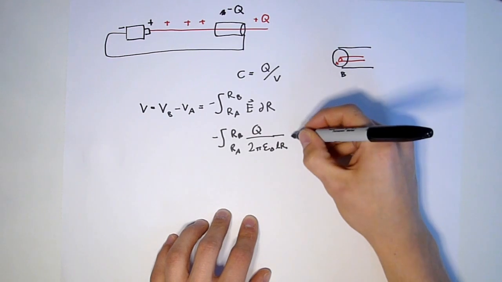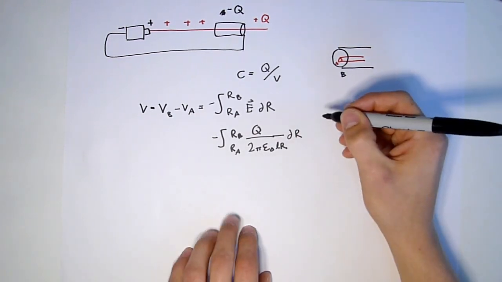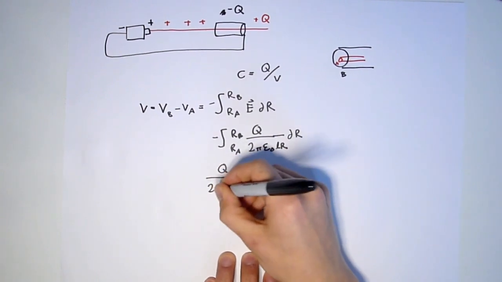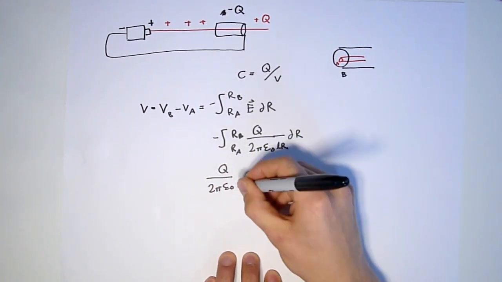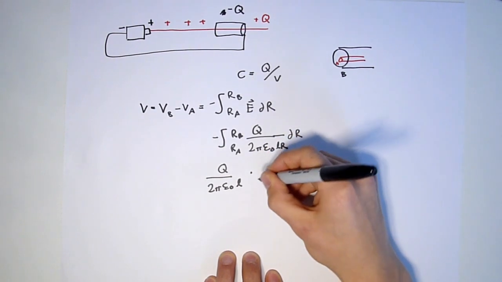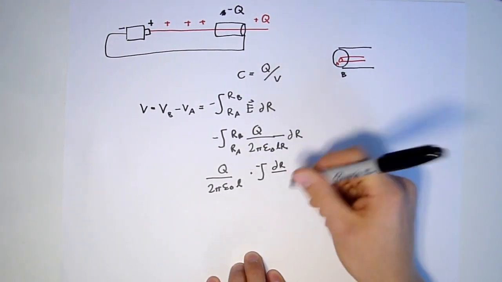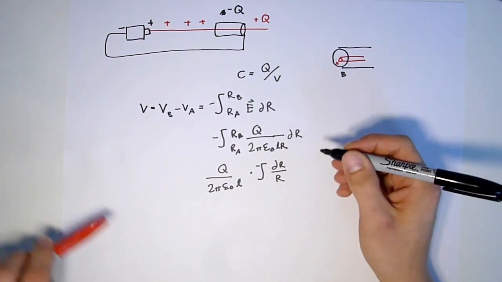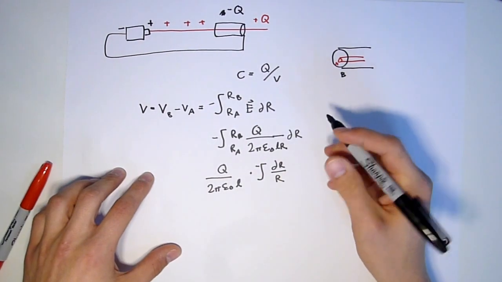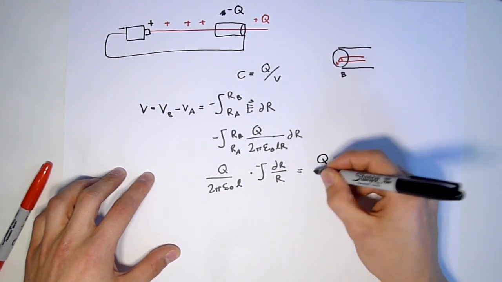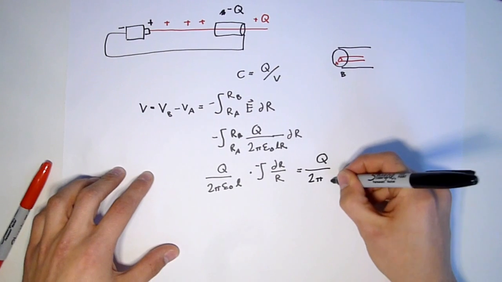That's the L R for the radius. And a bunch of this comes out. You know what the limits are here. And if we just integrate that, then we're going to get this.